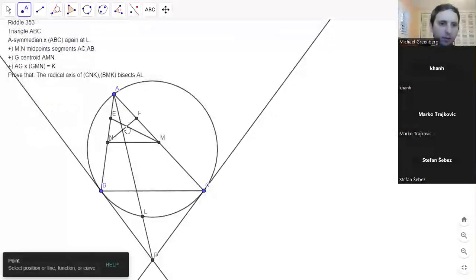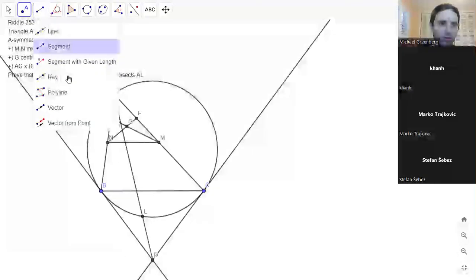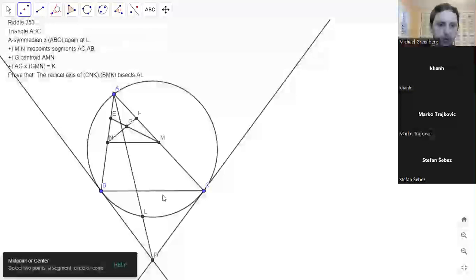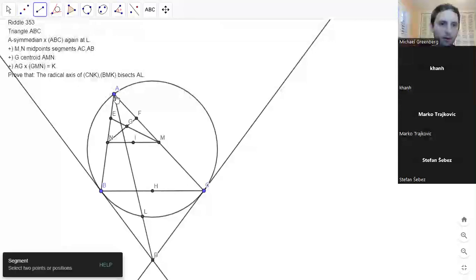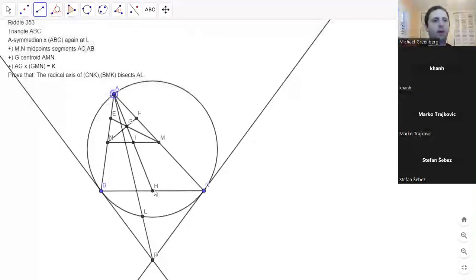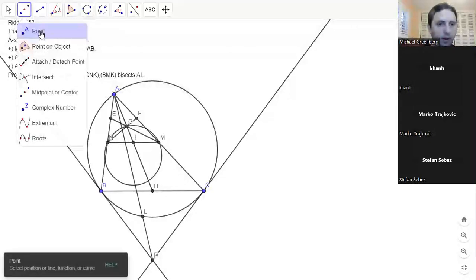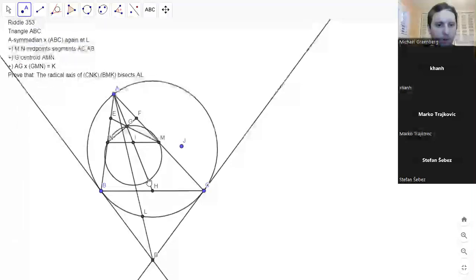So yeah, if I really want, I could draw the midpoints of these two. Why not? And AG intersects MN at K. This looks like a homothety of some kind. So we want to show the radical axis of CNK and BMK bisects AL.